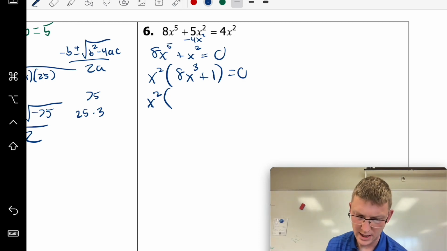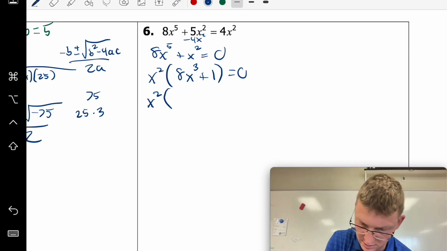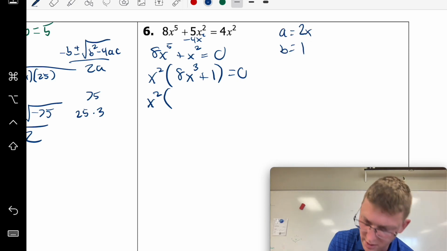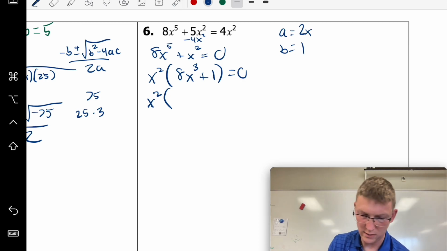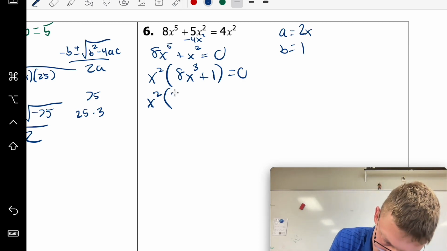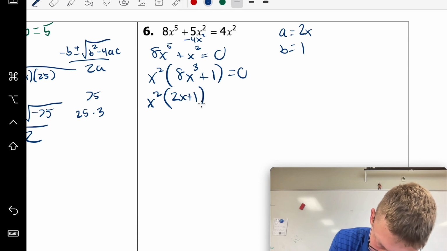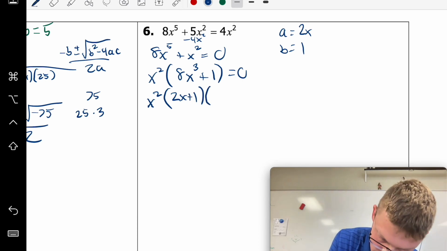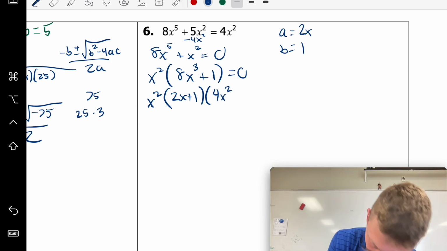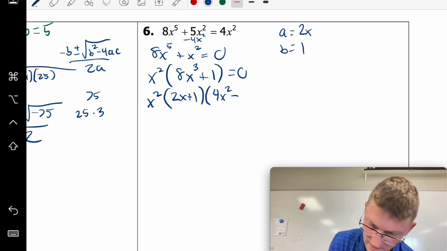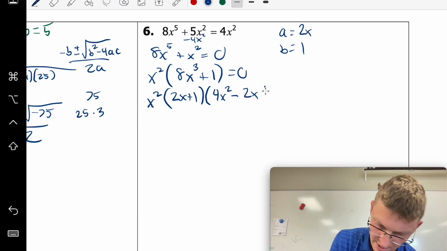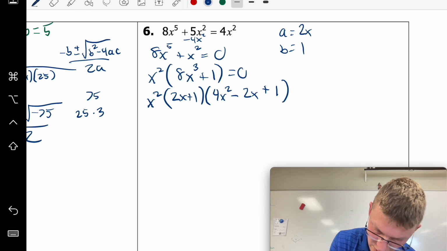Oh, wait. 8. 2 times 2 is 4. Yeah, okay. 8's a perfect cube too. So my a is 2x. My b is 1. Running that down so I don't get confused. So we're going to have 2x plus 1. And I'm looking at my rule to figure this out. A squared is going to be 4x squared minus a times b, which is 2x, plus b squared, which is 1.